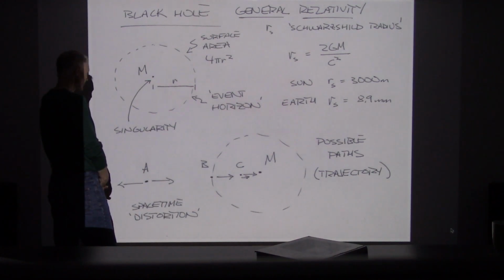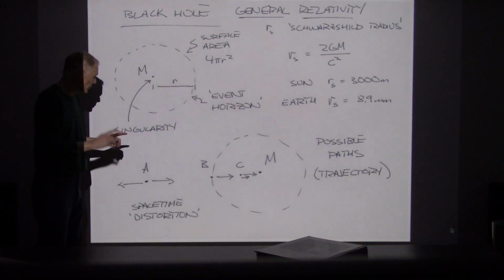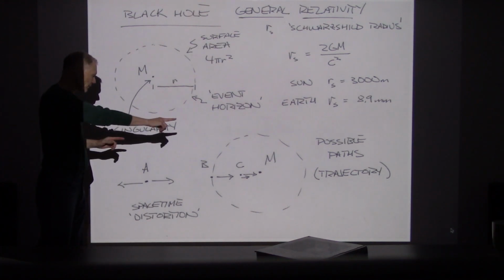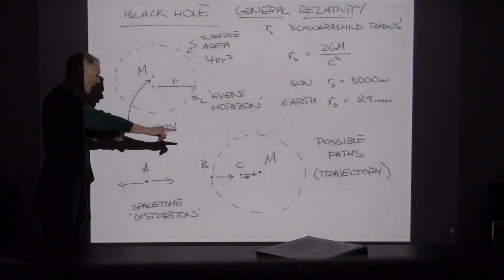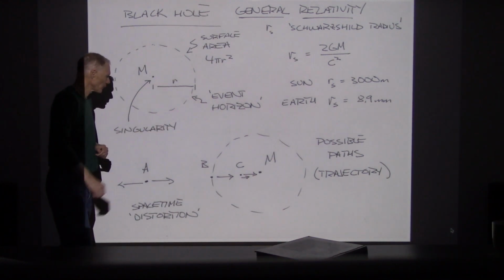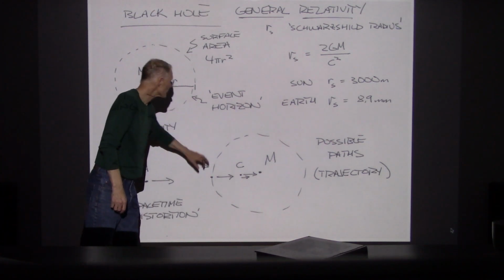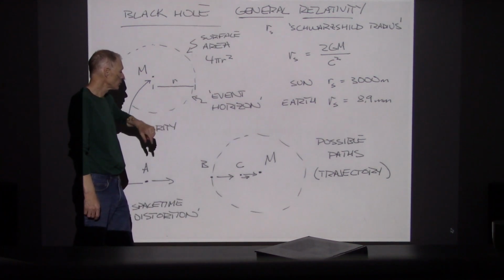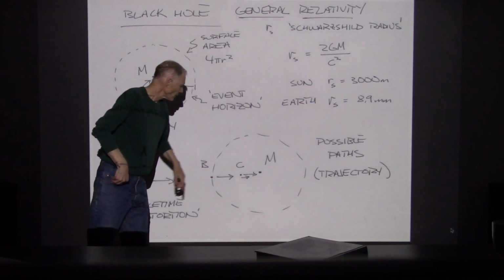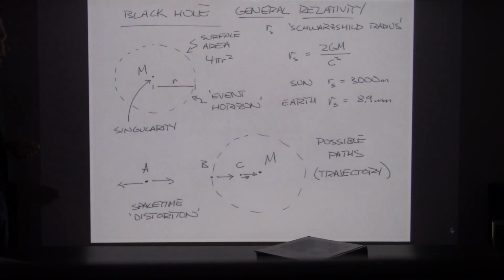And what happens in approaching a black hole is you've got a path leading you towards the black hole and then a possible path leading away, let's say in the radial direction. Once you reach a distance from the center of the black hole, referred to as the event horizon, there are still two paths.